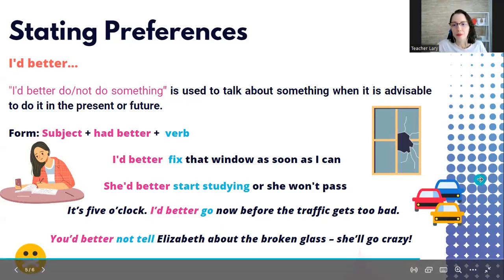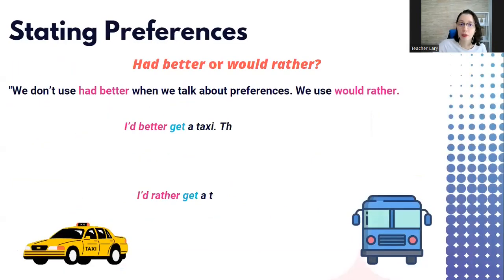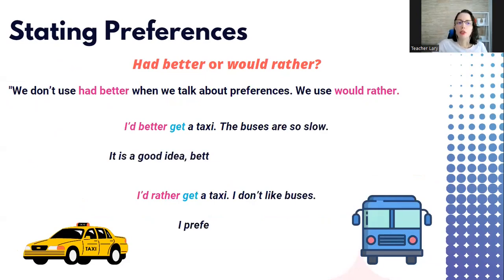Let's see now the difference between had better and would rather. We don't use had better when we talk about preferences. To talk about preferences, we use would rather. Okay, let's compare here. I'd better get a taxi. The buses are so slow.